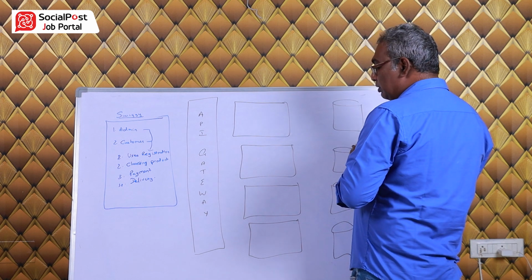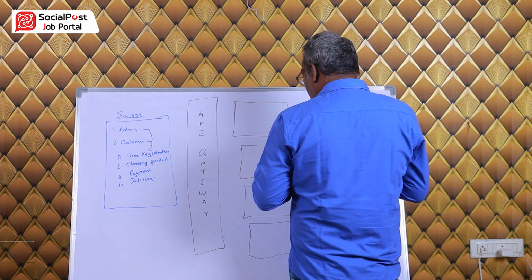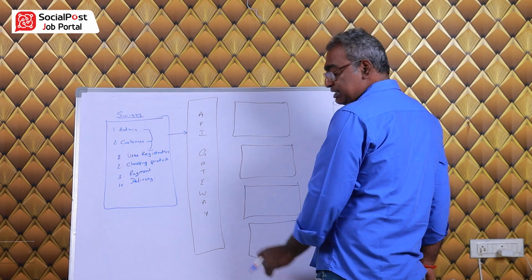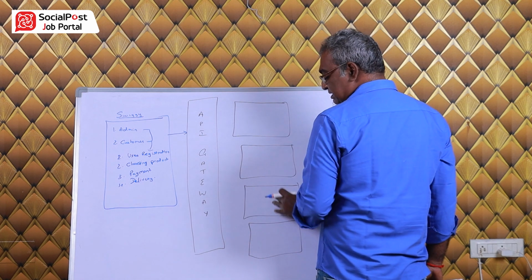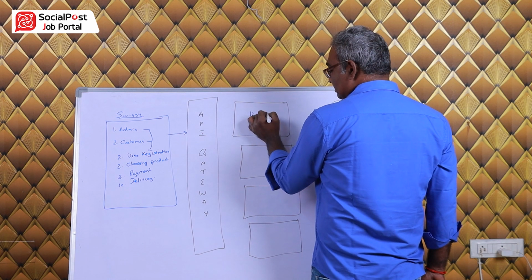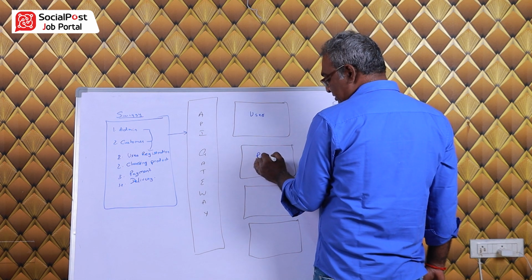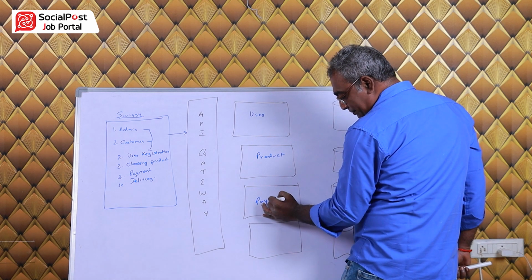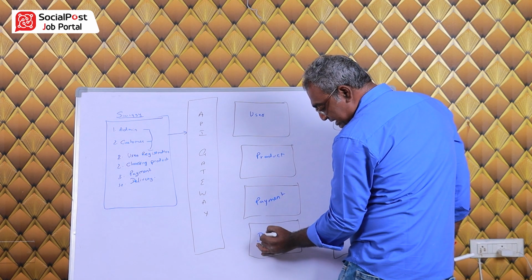Now, if you look here, Swiggy always will talk to the API gateway. Swiggy should not talk to these services directly. This will be called a user service, this a product service, this a payment service, and this a delivery service.